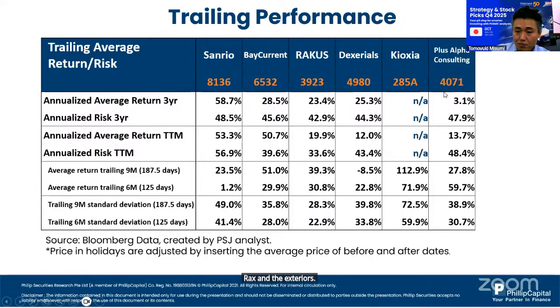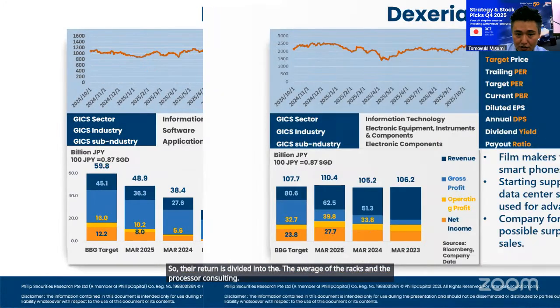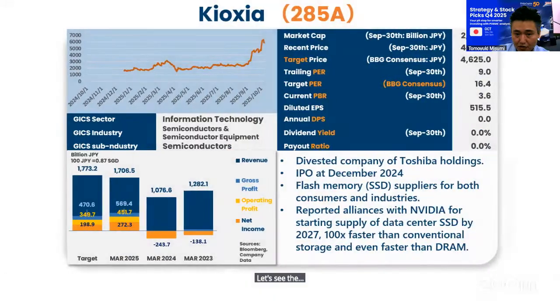For the strategic concern, because of strategic alliances with racks, maybe it can last for 3. Sorry, this is not. So their return is reverting to the average of the racks and Prasad constructing. Let's see some information about that.